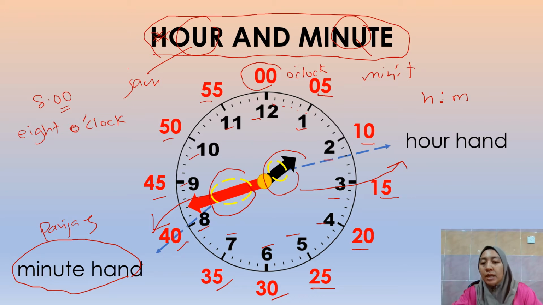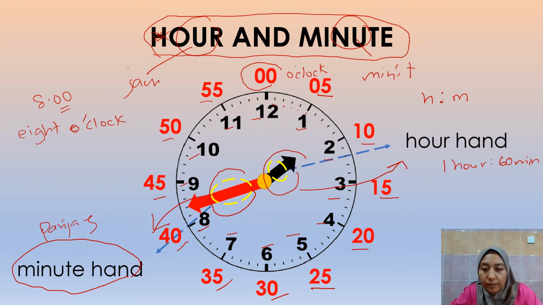Dalam minit ni kena ingat lah, kita ada 60 minit. So 1 hour, 1 jam bersamaan dengan 60 minit. Cuma waktu yang ke-60 ni, kita tak letakkan 60 kat atas ni.